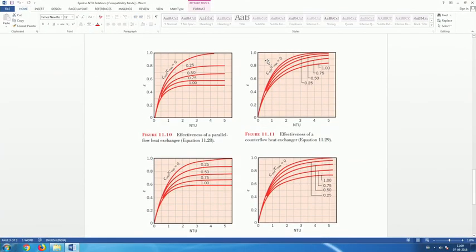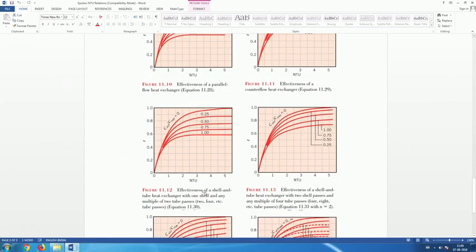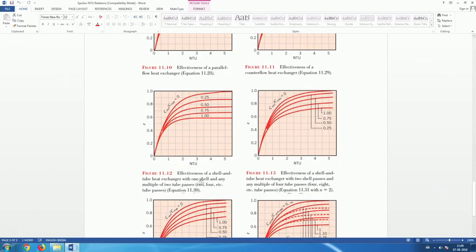If you look at the numbers over here, we are dealing with a shell and tube heat exchanger with 1-2 arrangement. So, this is a parallel flow heat exchanger, this is a counter flow heat exchanger, this is a shell and tube heat exchanger with one shell and any multiple of 2 tube passes.